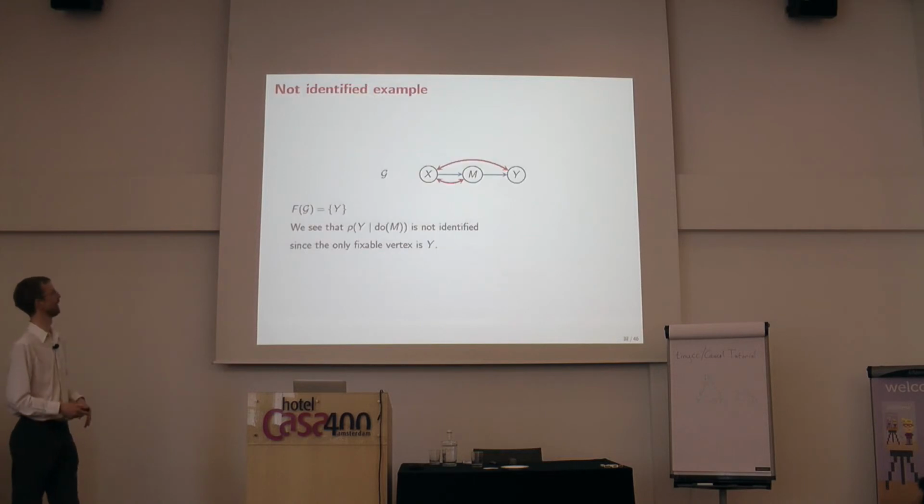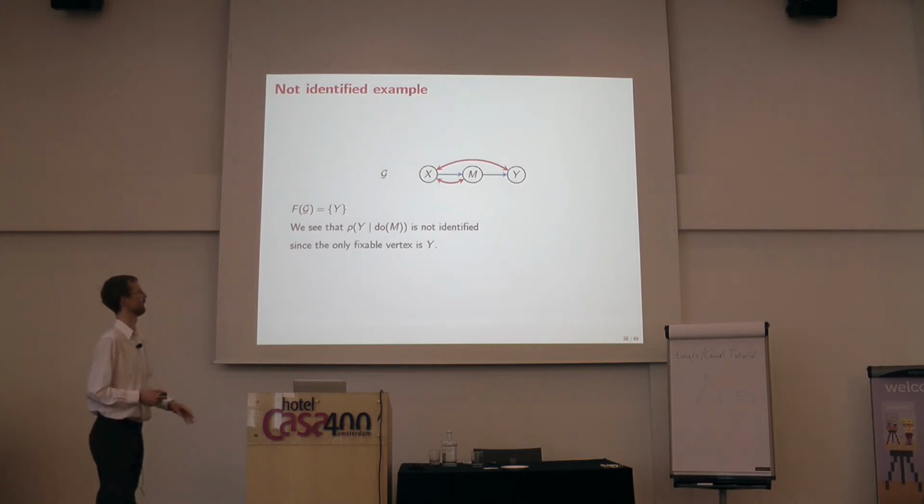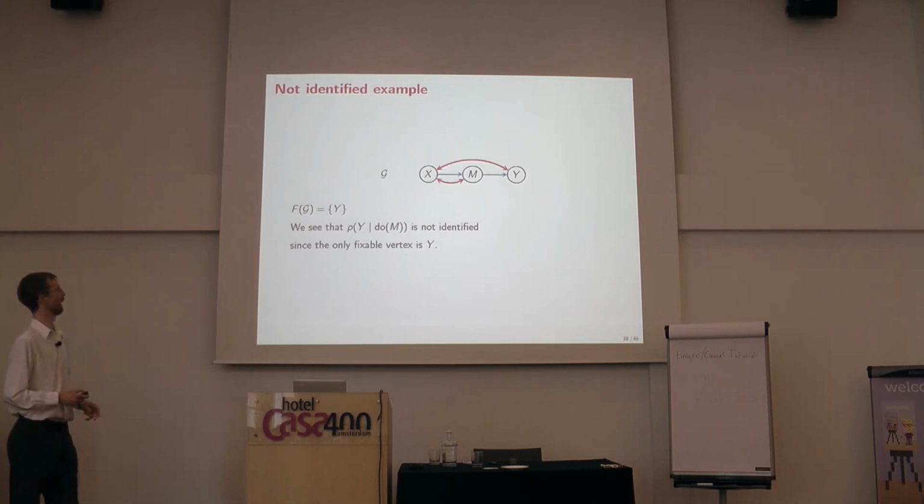So to see a trivial example of this, suppose that I took this graph, the front door graph, but now adding something between X and M, and I said, okay, I would like to find the distribution of Y intervening on M. Well, in this graph now, M is no longer fixable, because Y is in the same district as M, and Y is a descendant of M, so Y is not fixable here.